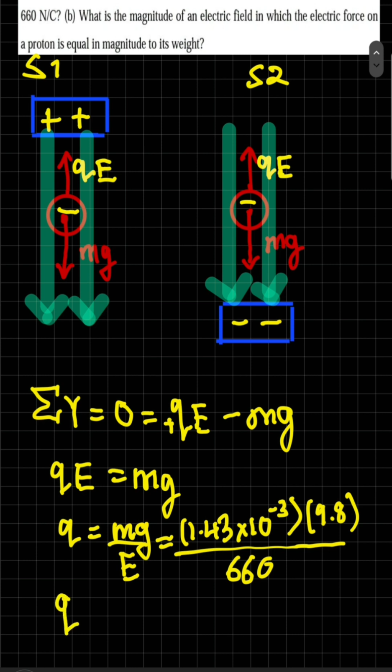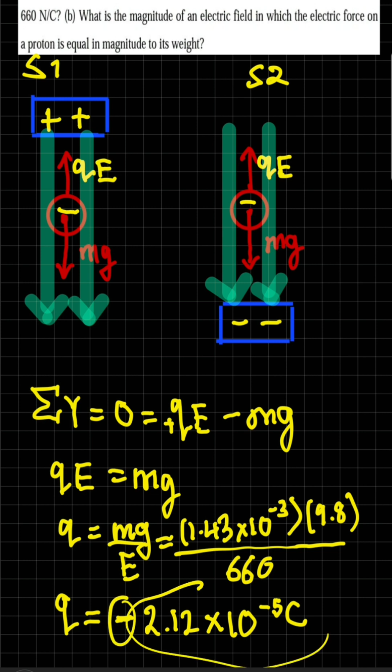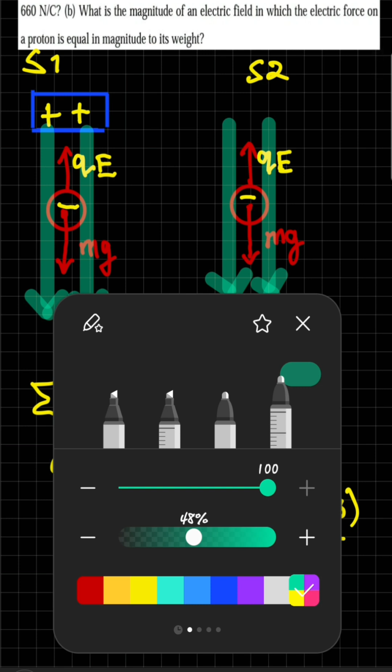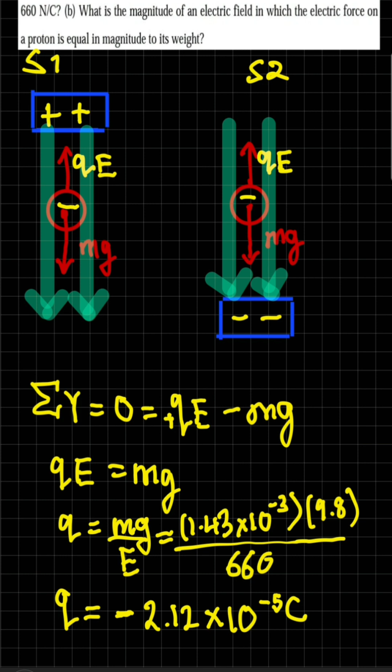Remember the sign is negative, so the charge will be negative 2.12 times 10 to the power negative 5 coulombs. And that right there is the sign and the magnitude. See how easy that was? That's our answer right there.